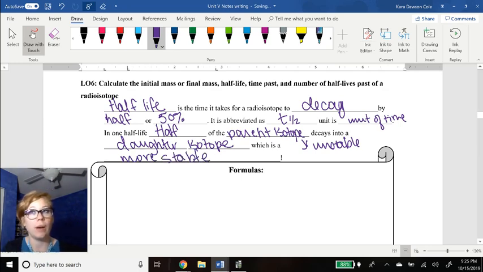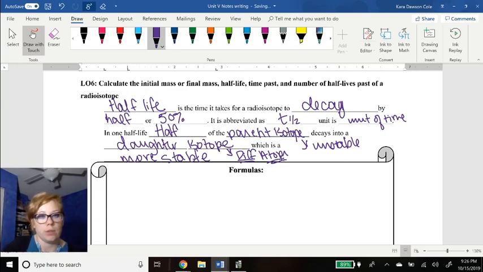Again, this is to a degree, okay? And it is a completely different atom. I no longer have the parent isotope. It's completely gone, okay? Half of it is, anyway. Half of it still remains.